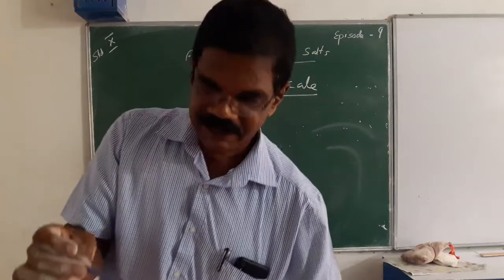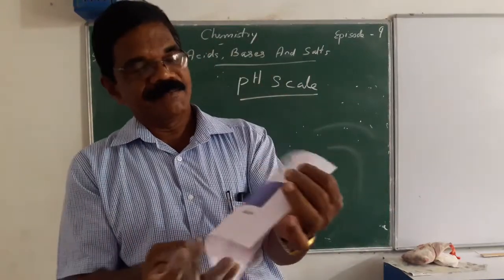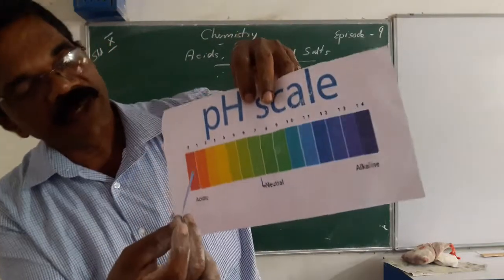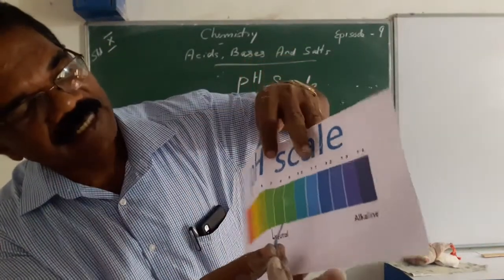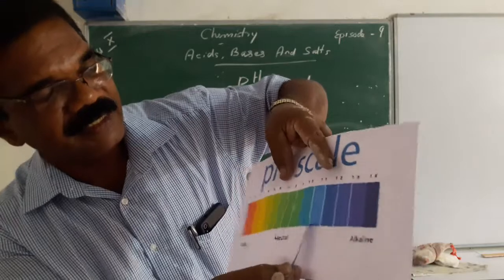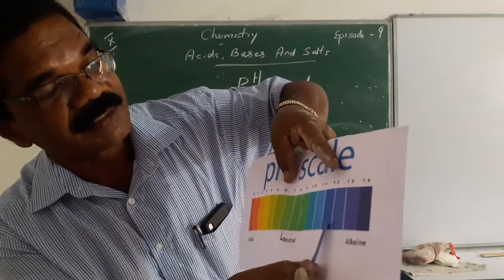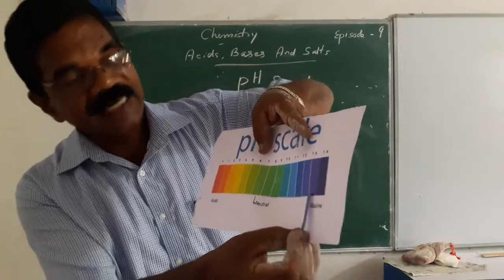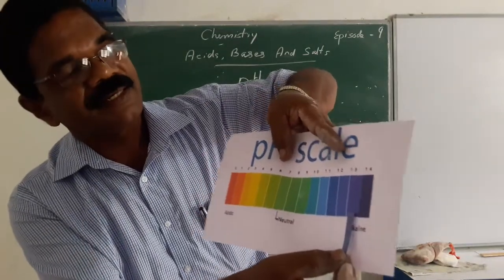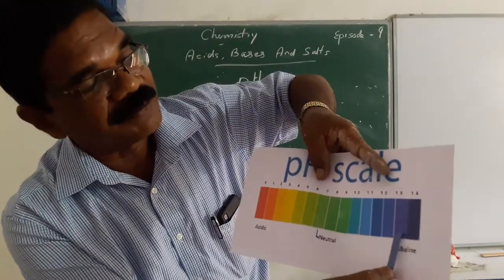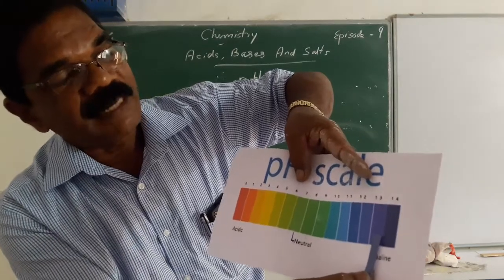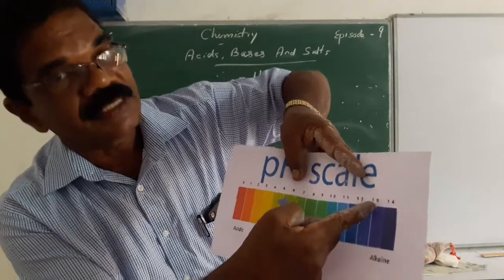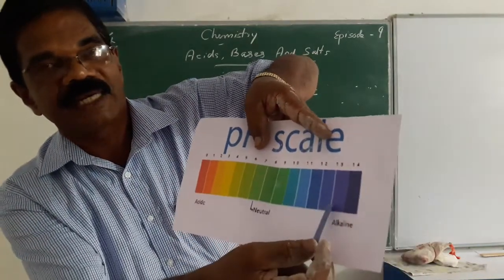Then we take the pH scale or color chart and see which color it matches. We can come to the conclusion that the paper strip matches this color and its pH value is 13.